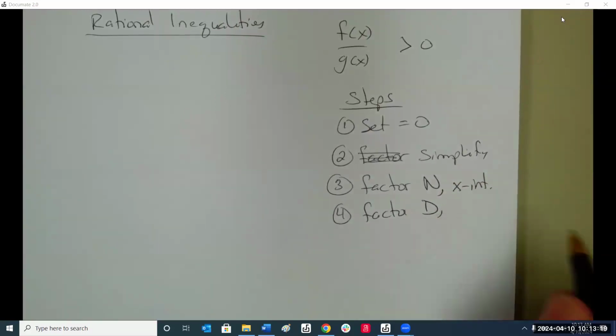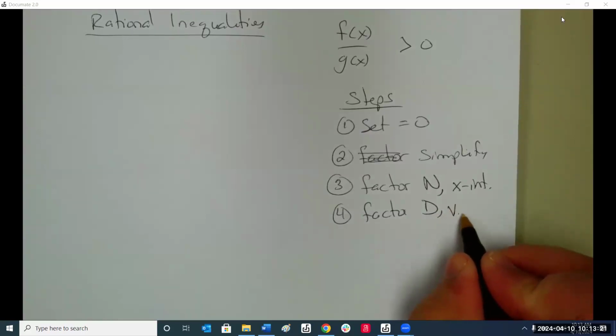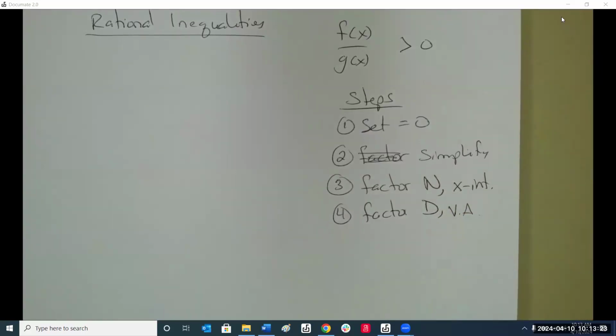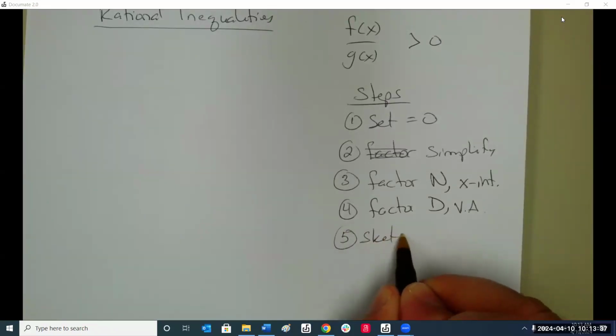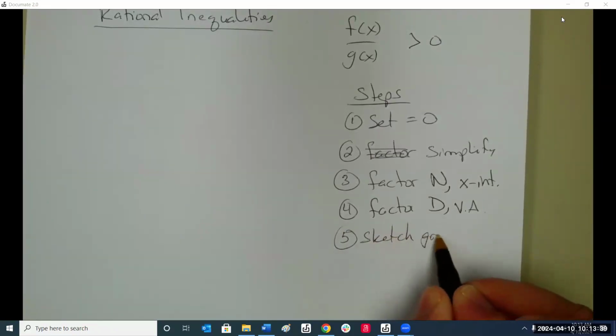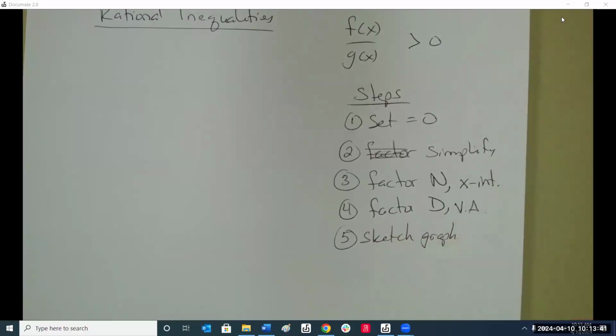And we factor the denominator to find our vertical asymptotes. All of these points are important. Sketch the graph.